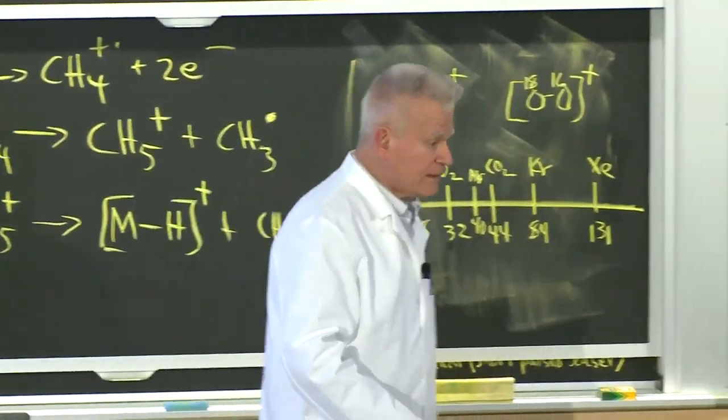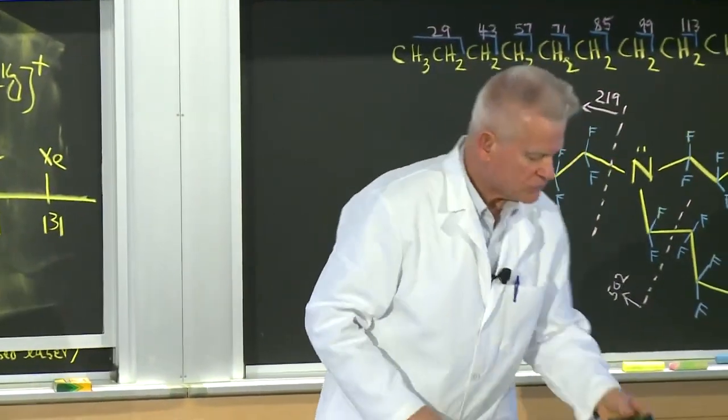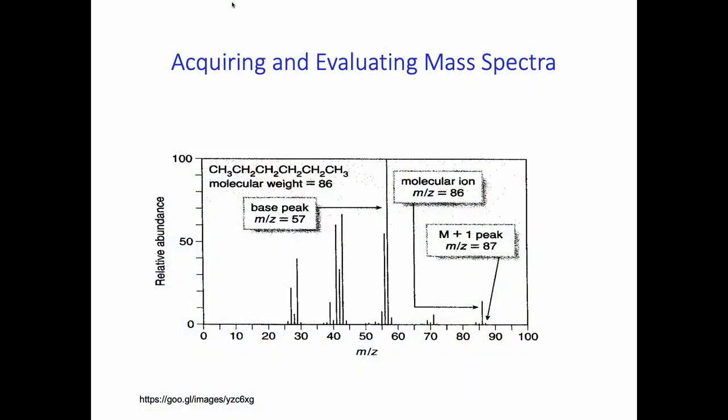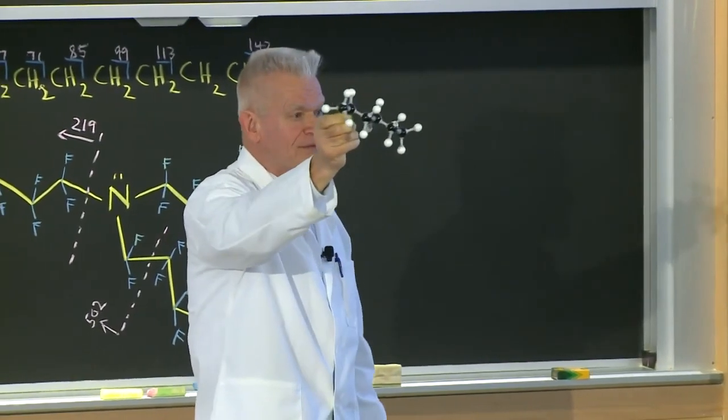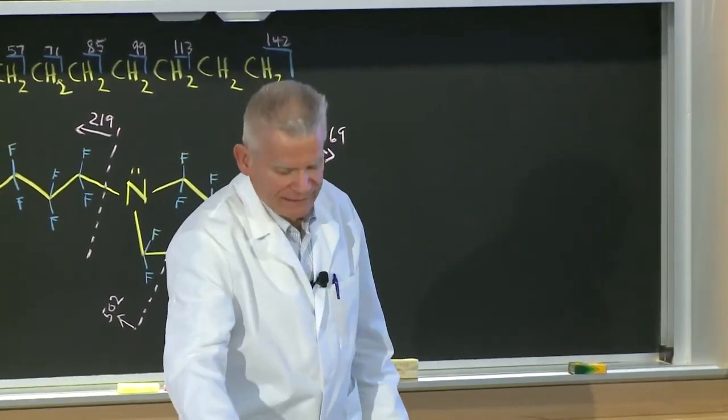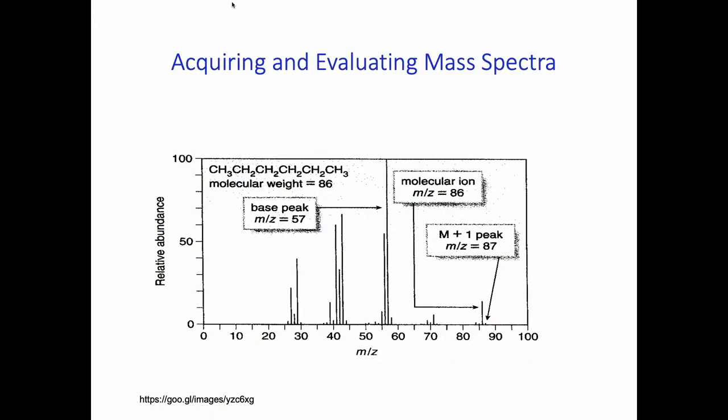So let's move on here. I want to show you what a mass spectrum looks like. This is hexane, your good old friend, right? C6H14. So what you've got here is your molecular ion peak at 86, right?